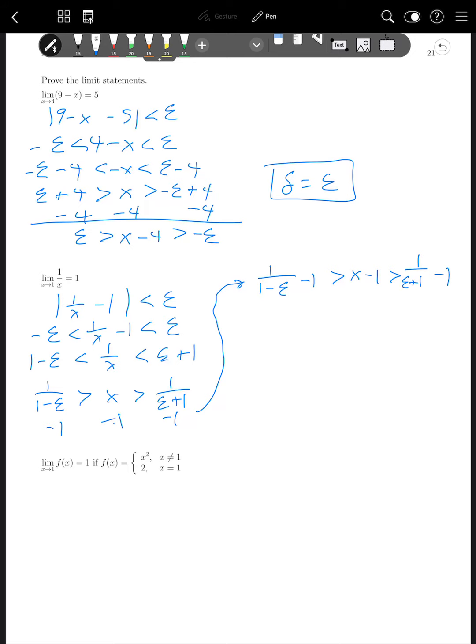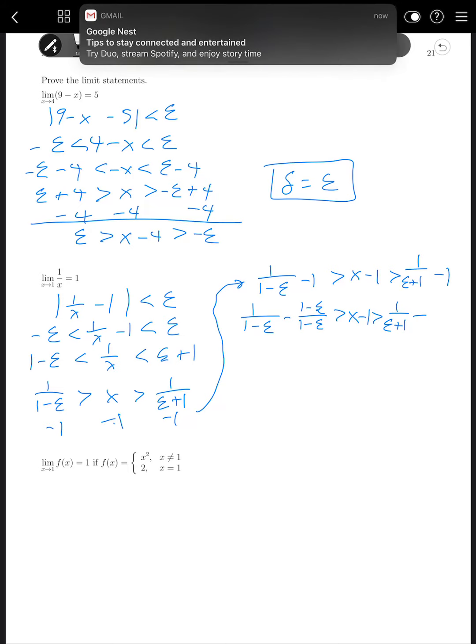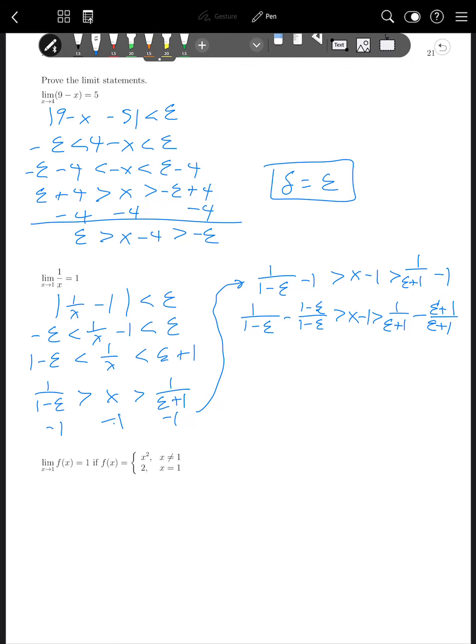Okay, but if I gave these a common denominator, this would be 1 over 1 minus epsilon minus 1 minus epsilon over 1 minus epsilon is greater than x minus 1, which is greater than 1 over epsilon plus 1 minus epsilon plus 1 over itself, right? Because those are ways to really easily write 1 using these common denominators.